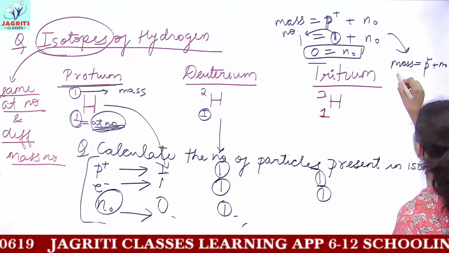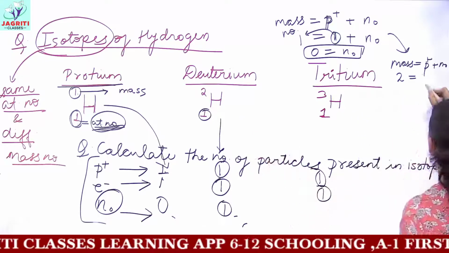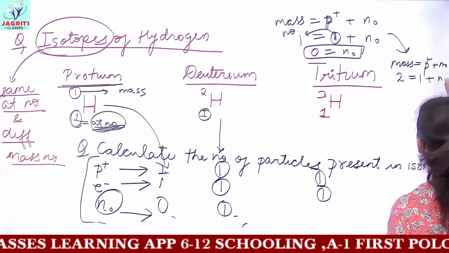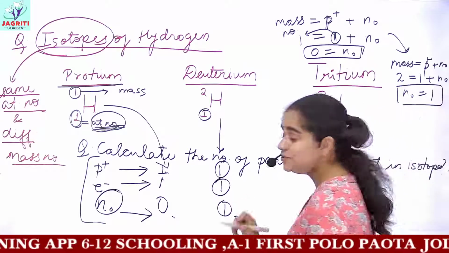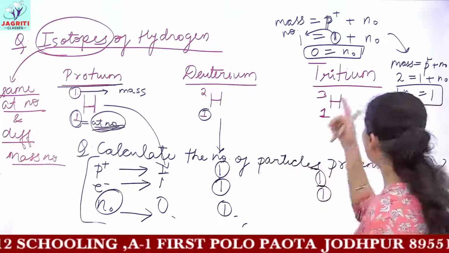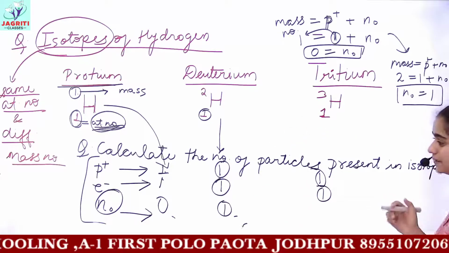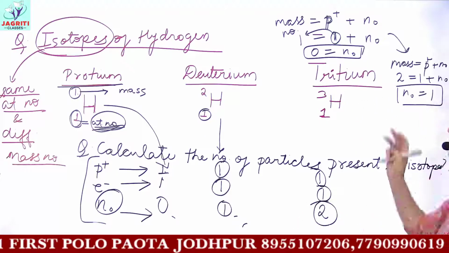So keeping the mass as 2, and the number of protons as 1, you get the number of neutrons, which would be 1. So we have 1 neutron for our isotope of hydrogen, that is deuterium. And if you calculate in a similar manner, you will get 2 neutrons in tritium.